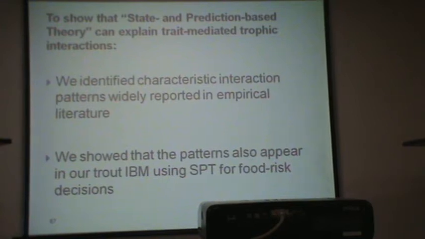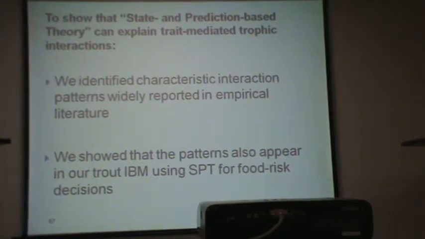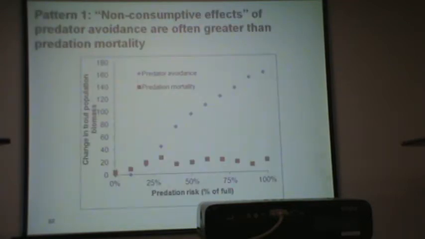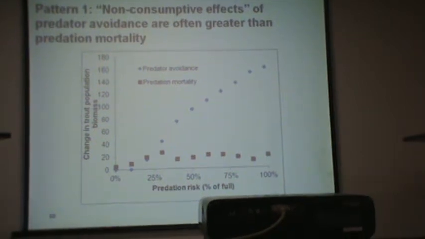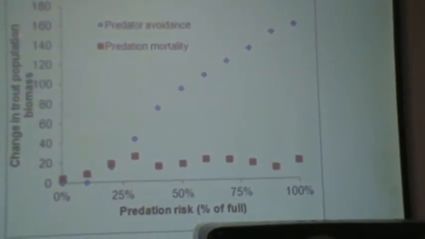Produce these patterns in this trout model using the theory I just described for how the individuals make these trade-offs. So, for example, one pattern is just that the effects of behavior can be much stronger than the effects of predation. So if we increase the predation risk, we see this reduction in the fish population caused by predation risk.